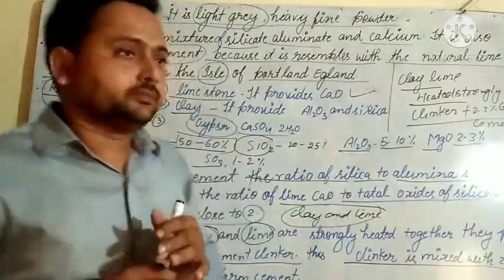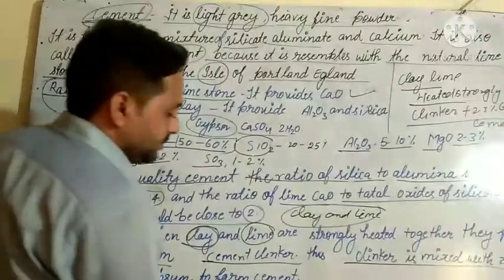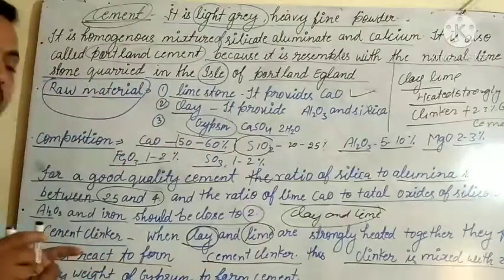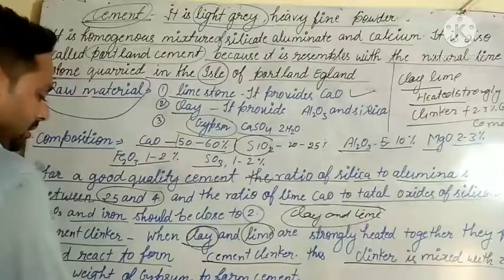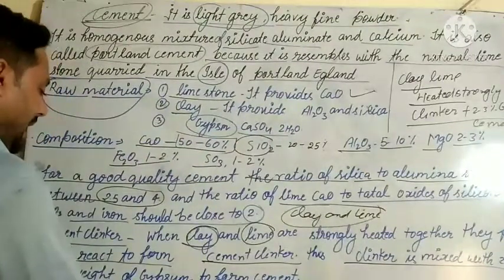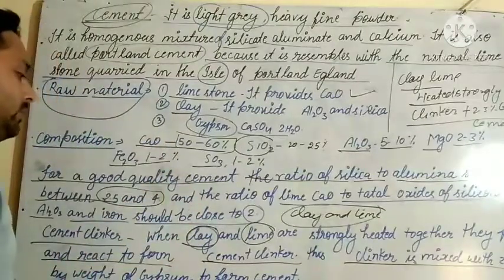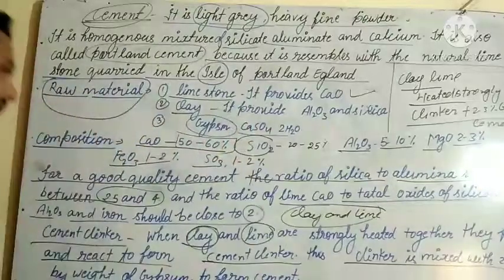Let us see. When water is added to cement, it gives a hard mass. This is due to hydration of molecules of the constituent and their rearrangement.